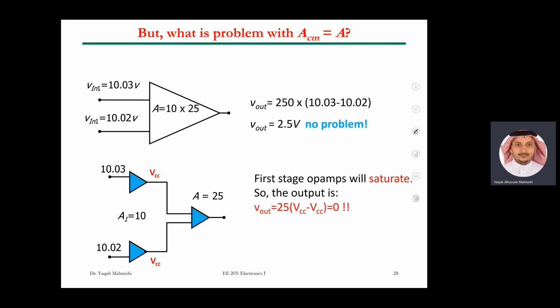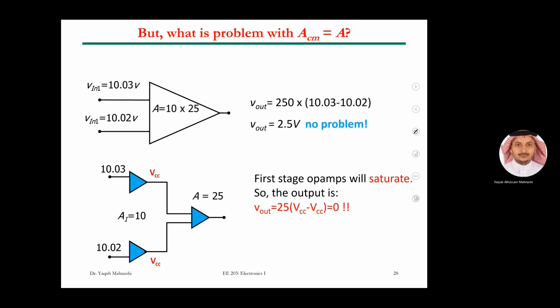Now you are taking the difference before the 2 stages. So if you are taking the difference before the 2 stages, that difference will give you 0.01, and you multiply by the 250, and you don't have any problem. There is no saturation. So if you can isolate this one from that, you have the same V2 minus V1 and multiply by the gain.